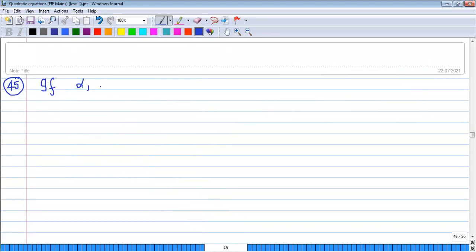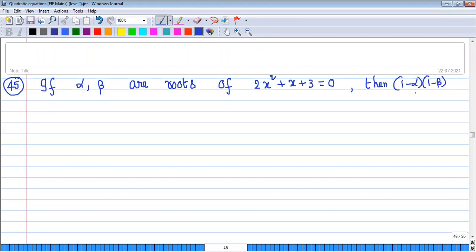If alpha beta are roots of 2x square plus x plus 3 equals 0, then 1 minus alpha times 1 minus beta upon 1 plus alpha times 1 plus beta.